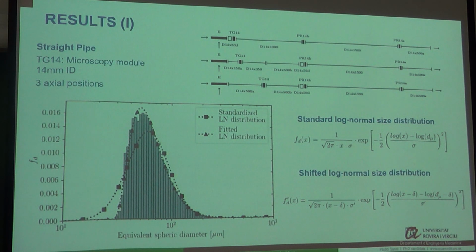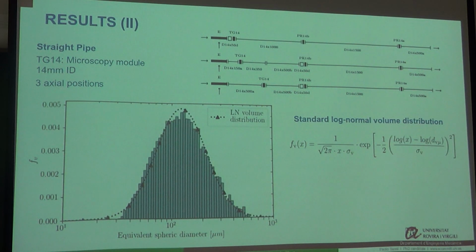But now I want to show you the same results, but instead of applying the size distribution, I applied the volume distribution, which is the same histogram, but using weights in the histogram with the volume of the drops. And now, applying the standard log normal distribution, we get a way better fitting without the shifting, this delta parameter.